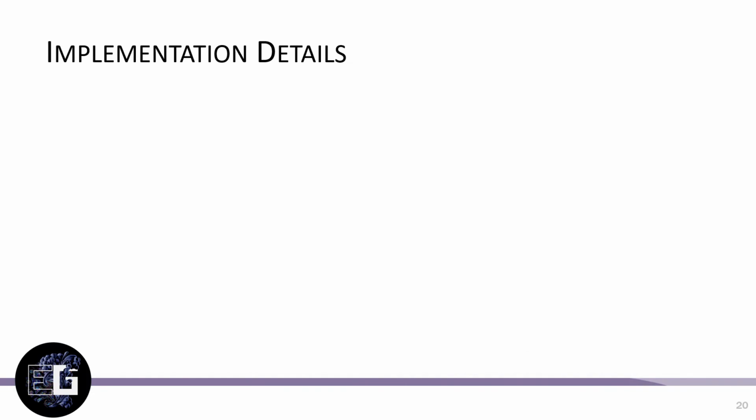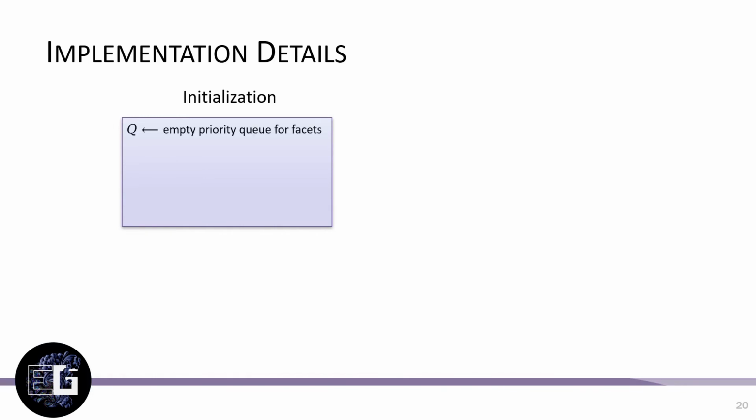Let's also take a quick glance at a possible implementation. To simulate walls expanding simultaneously in a space and time discrete setting, we use a priority queue that holds mesh facets. These are ordered by their distance from spawn, meaning walls that have expanded least far are always propagated first.